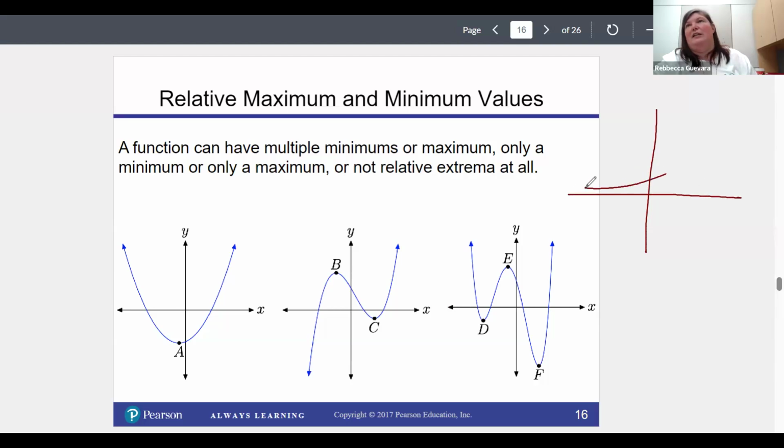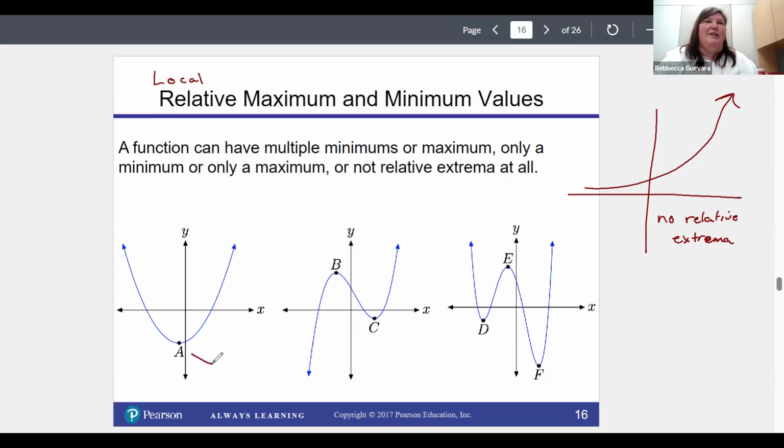So if I have a line like this, an exponential function, I don't have any kind of local extrema. I keep saying local because usually we say local instead of relative. Your book just uses relative. So we have no relative extrema.